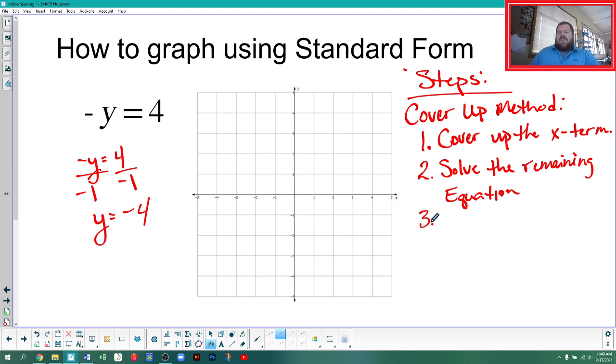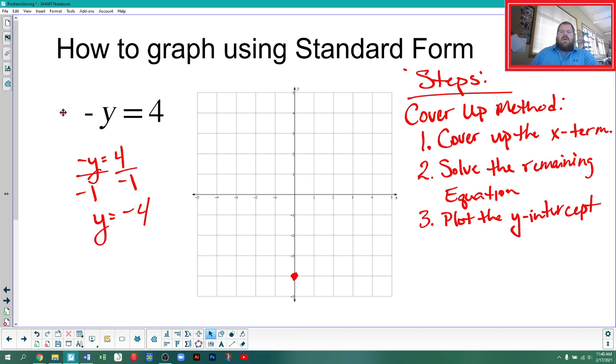And that solved equation gives me my y-intercept, so I will plot the y-intercept. Okay, so I plot that negative 4 as my y-intercept.